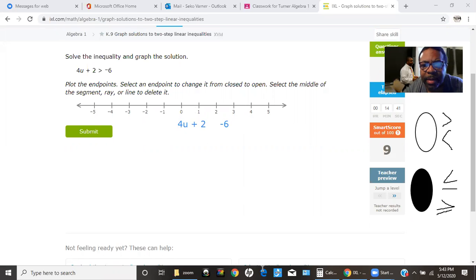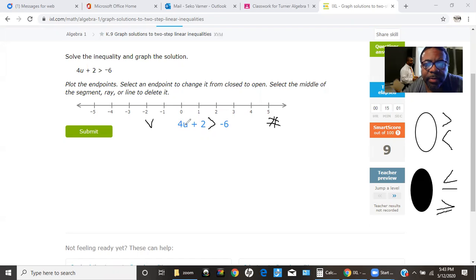I need to draw my inequality symbol up here. So we want to have our variables on this side. We want to have our numbers on this side. Remember that the hashtag sign, you call it a hashtag, it also means numbers, okay?